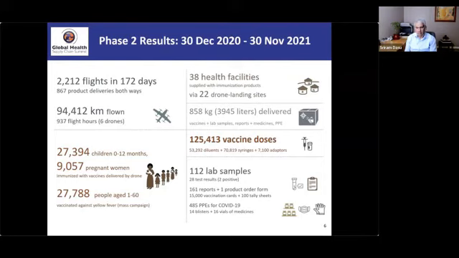Between 2 to 6 Systock Aero drones have conducted over 2,200 flights, resulting in 867 product deliveries and covering 94,000 kilometers in the air.